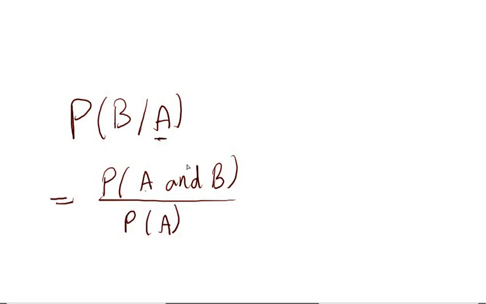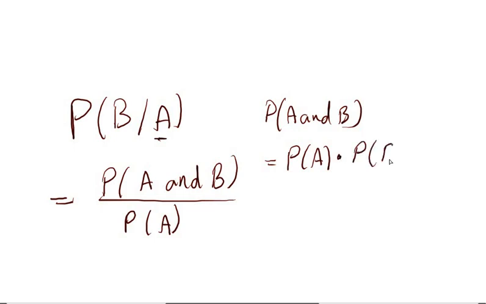If you remember, in the previous lesson we studied the probability of A and B, and it's equal to probability of A times the probability of B. Let's solve problem 3 to understand more.